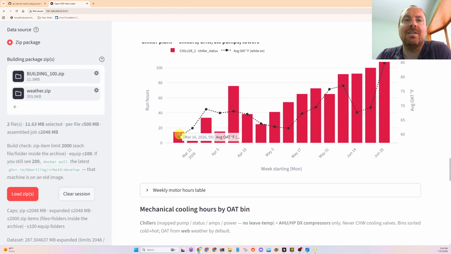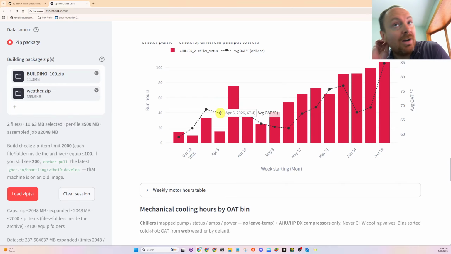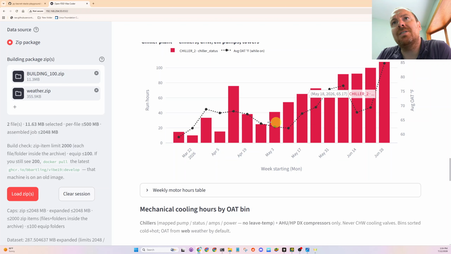It looks really odd to me that the chiller is running in March and April and May, when the outside air temperature doesn't even get into the 60s. This is the upper Midwest United States, so it does get really cold in the winters, with snow and frozen lakes. And then this is that time period where it's really beautiful weather, low dew point, low humidity.